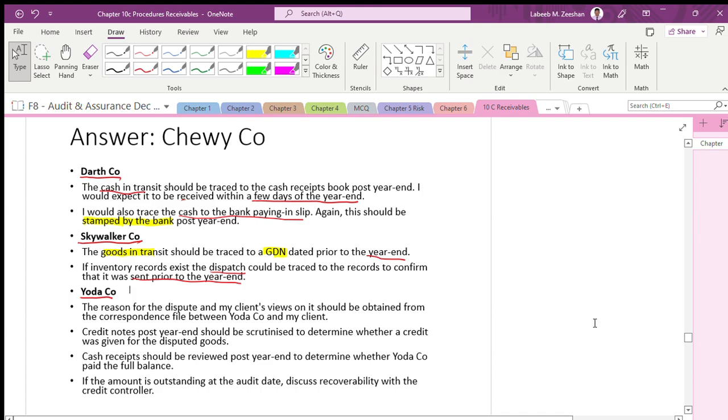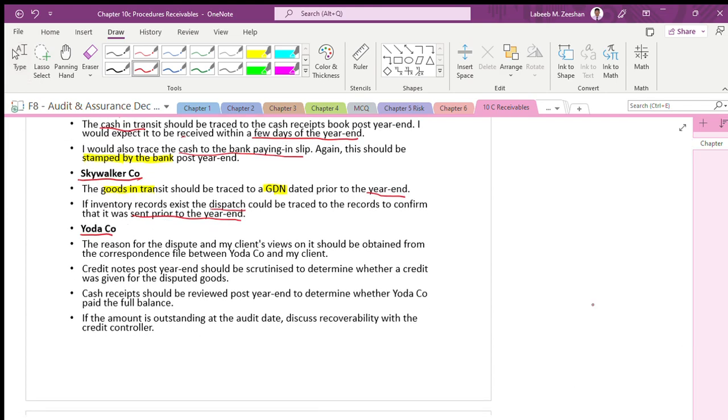Third one, the reason of dispute. Dispute with respect to quantity, dispute with respect to quality. This should be obtained from the correspondence between the client and the customer to whom we have sold. Credit notes post year end should be scrutinized to see whether the credit was given for the disputed goods.